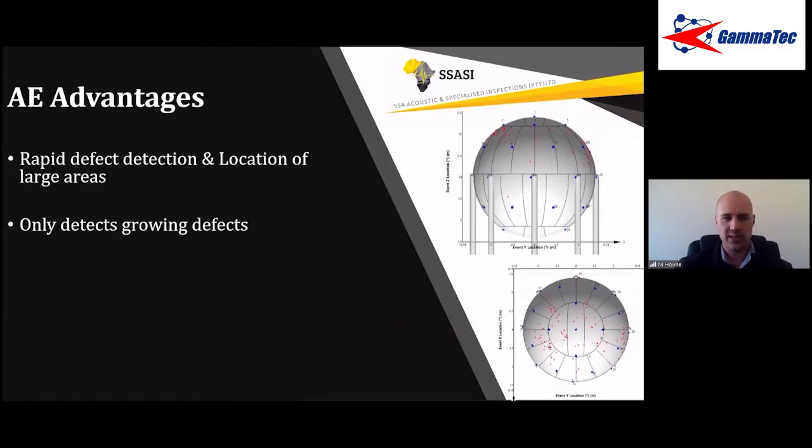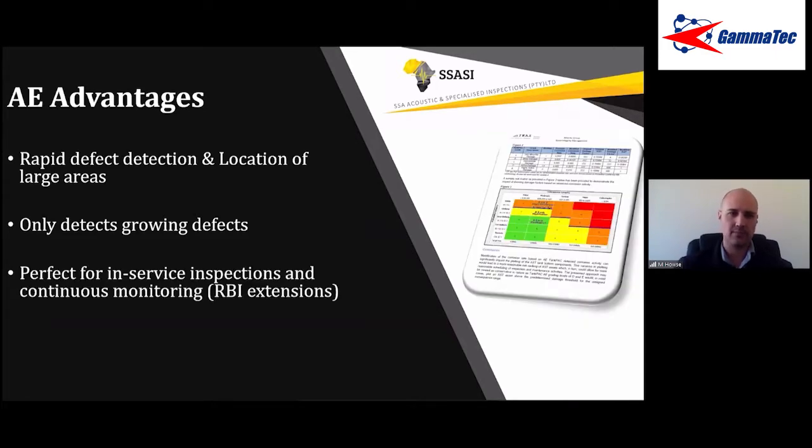Another advantage is we only detect active defects or growing defects. So if a crack is laying dormant and not propagating at that pressure, we won't see it, which is great for older assets. That's particularly here in South Africa, we have a number of assets from the 1960s and 70s with a lot of these older manufacturing defects that aren't growing in service.